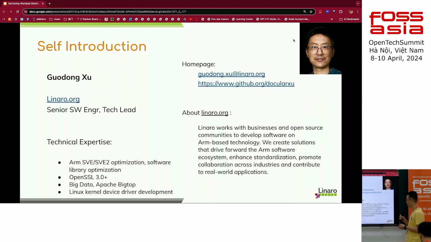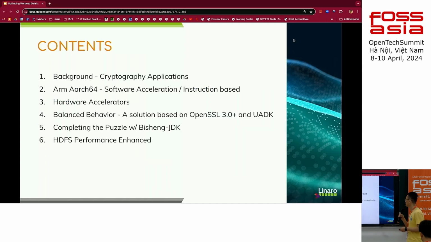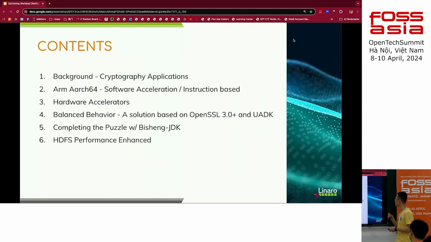That's a brief introduction of myself. I come from Linaro. Linaro is an organization that works on the ARM software ecosystem. As I mentioned, today's content touches a little bit on the software solutions and the hardware accelerator solutions, and the work we did in OpenSSL and JDK.